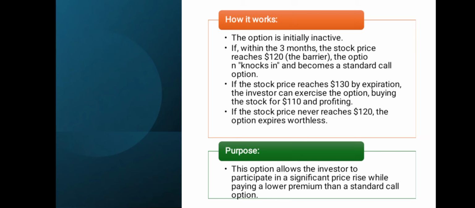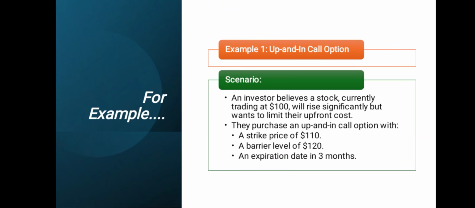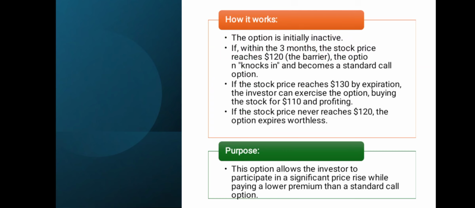Then if the stock price reaches 130 by expiry, which is 10 above the barrier of 120, the investor can exercise the option by buying the stock for 110, the strike price. He can purchase it for 110 and attain a profit of 20 rupees.